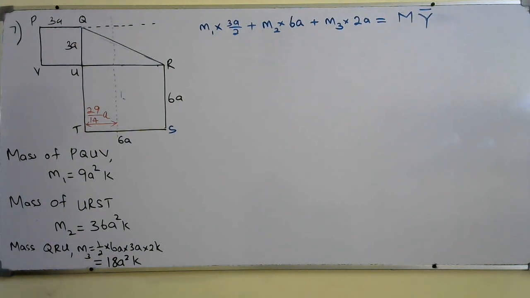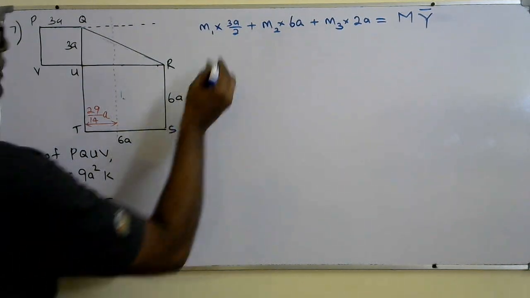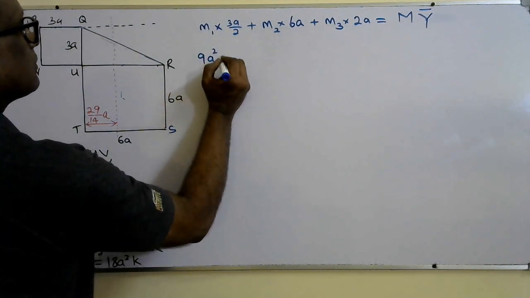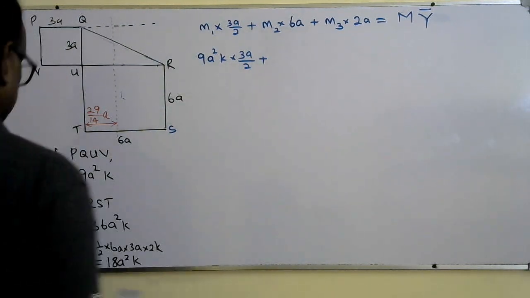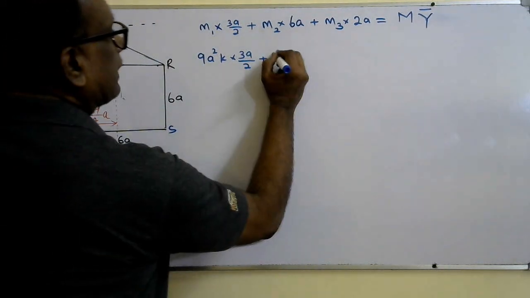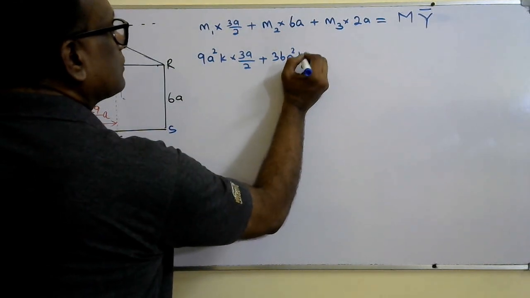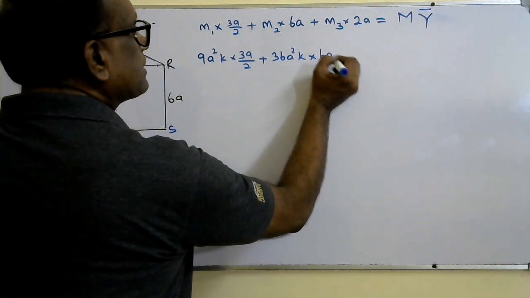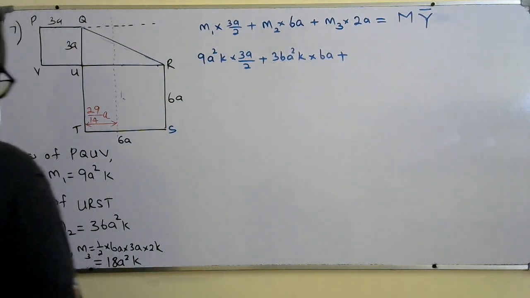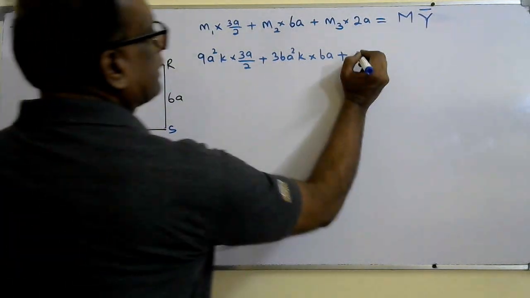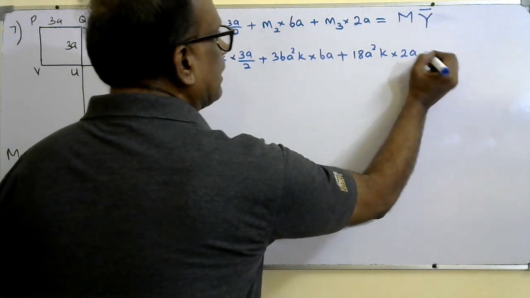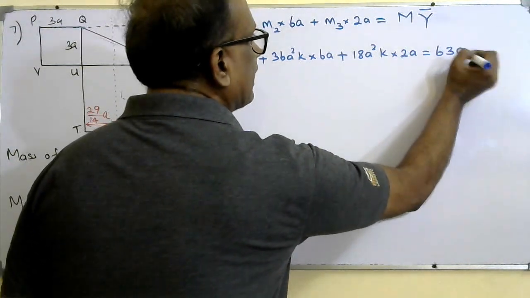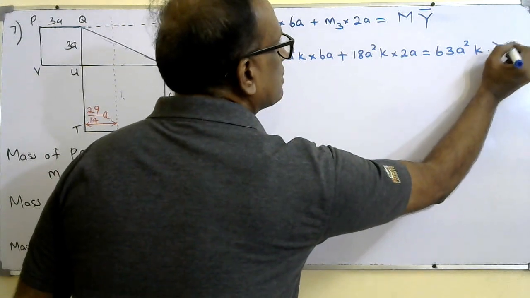Okay, now M1, M2, M3 we know that. Substitute M1, that is 9A squared K into 3A/2, M2 36A squared K into 6A, M3 18A squared K into 2A equals 63A squared K times Y bar.